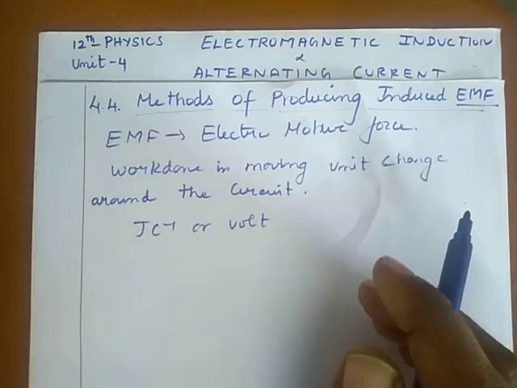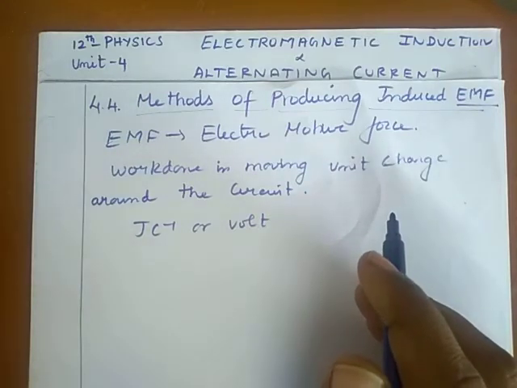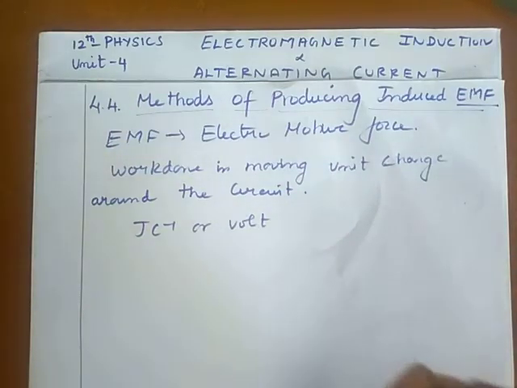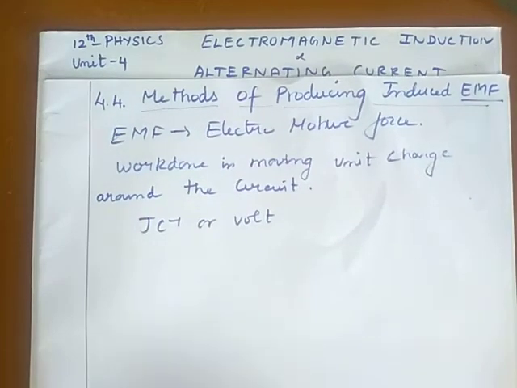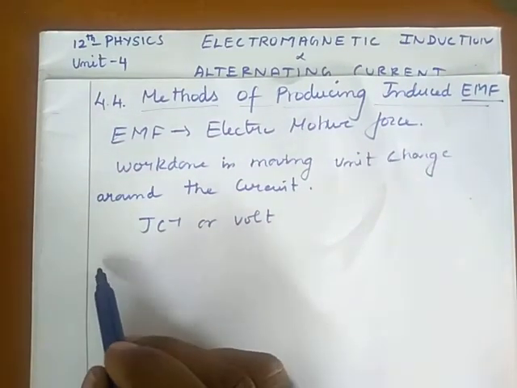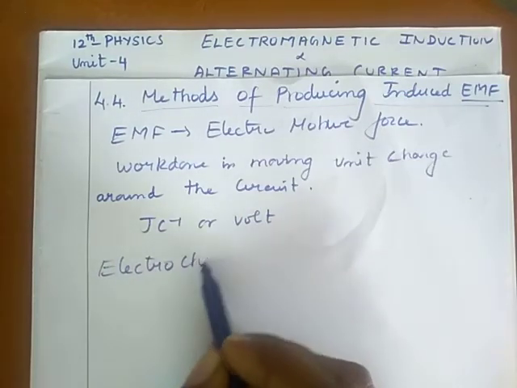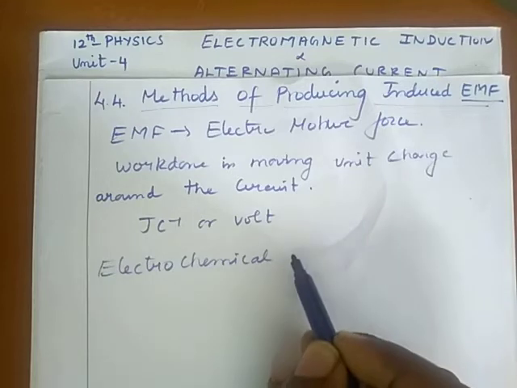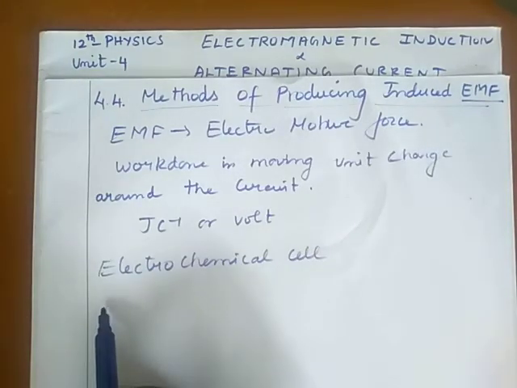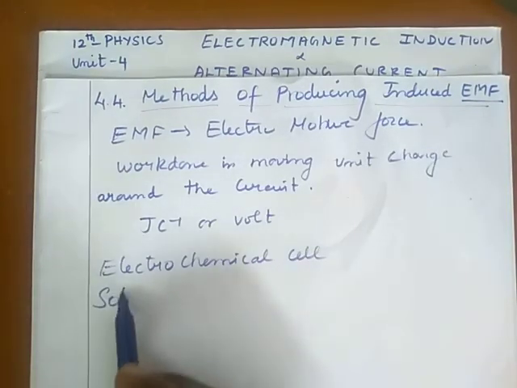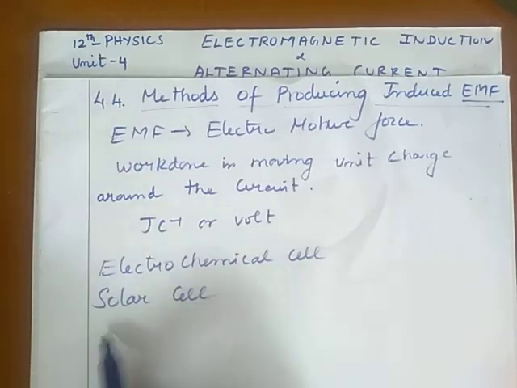Here let me see some examples of energy sources that may provide this EMF. First one is electrochemical cell. The next one is solar cell. Then the third one is thermoelectric cell.